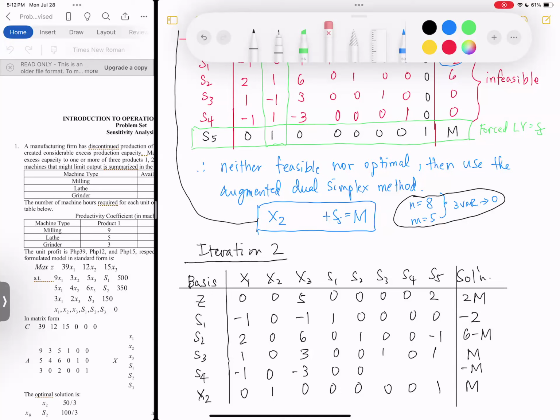0, 0, tama. If I multiply this by -1, 0 pa rin to, di ba? Yes po. So this one is still 0.